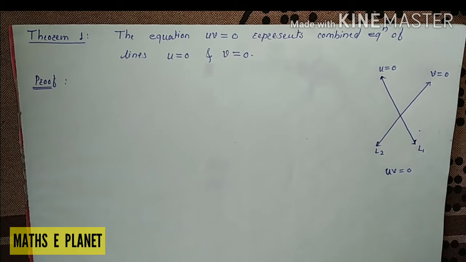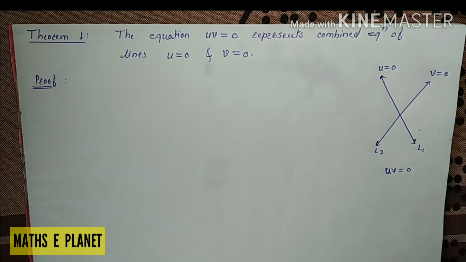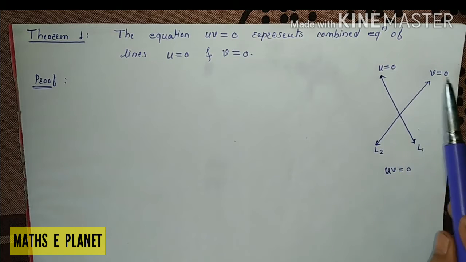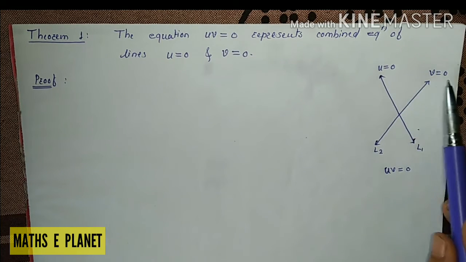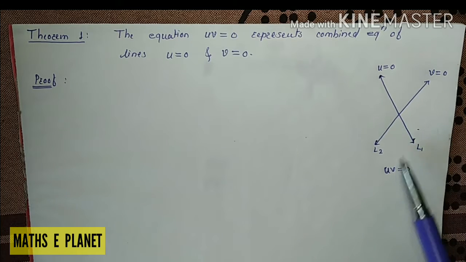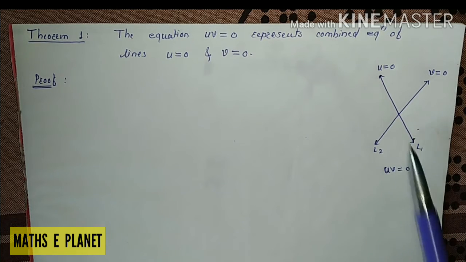Getting it? If we explain it in Hindi, we can say that if we have two lines u is equal to 0 and v is equal to 0, then if we multiply these two, we get a combined equation for these two lines.